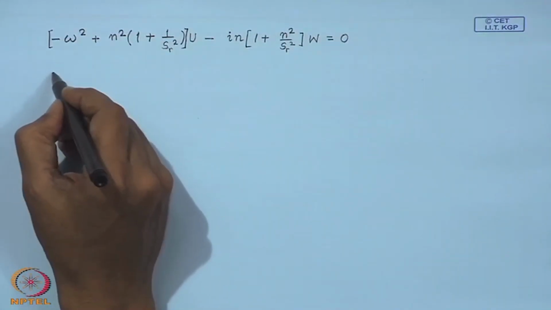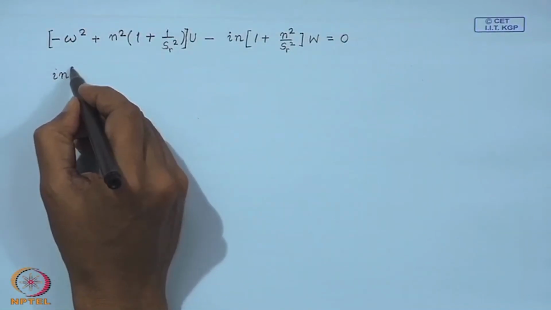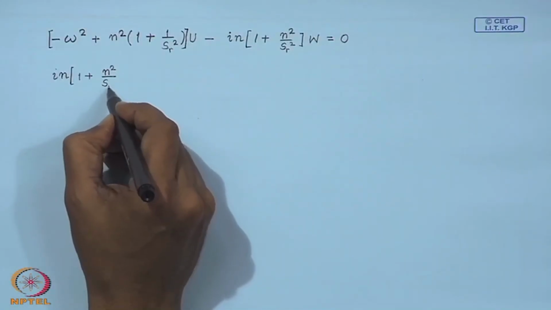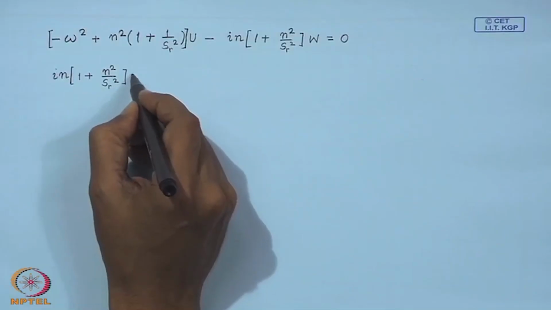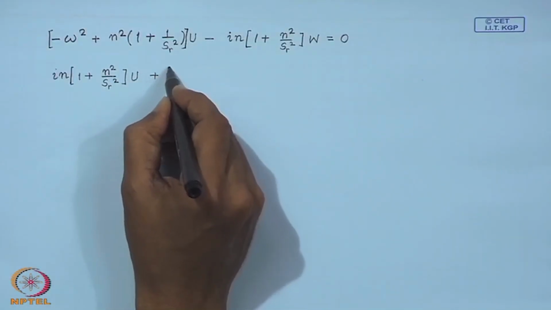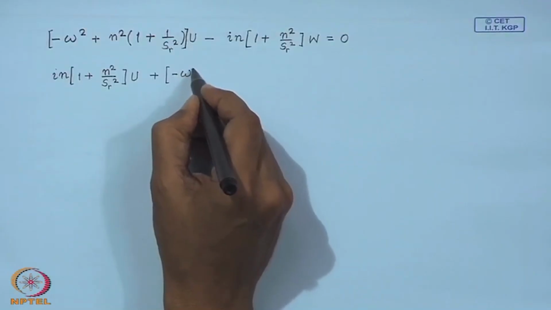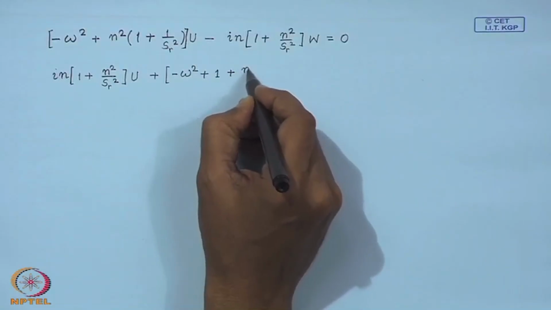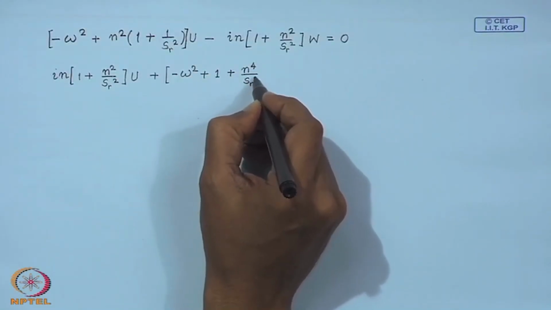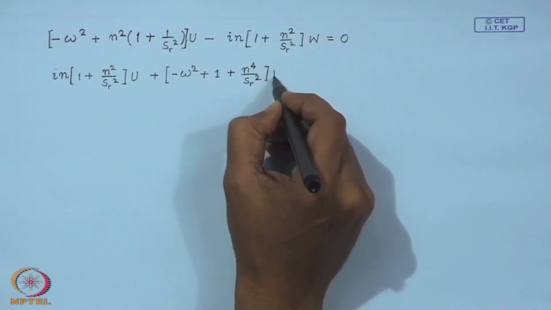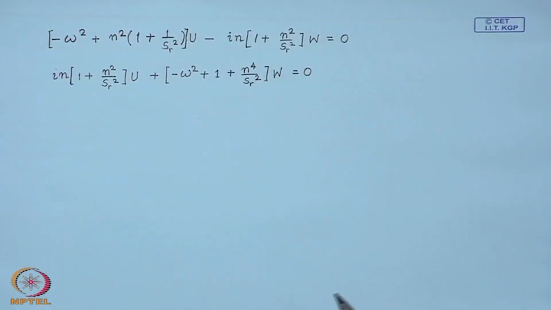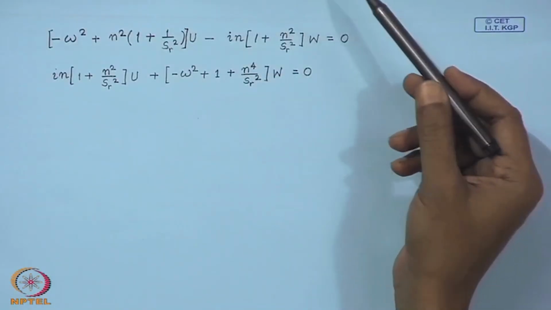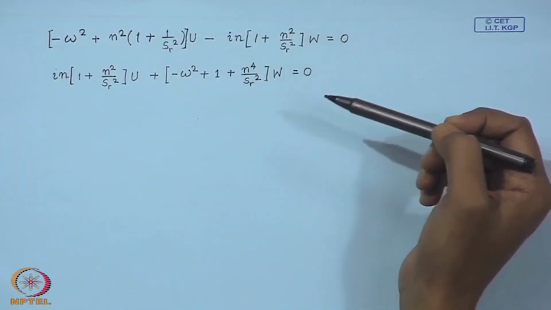The second equation reads as follows. So, these are the two equations that we obtain by substituting the modal solution form in the equations of motion.